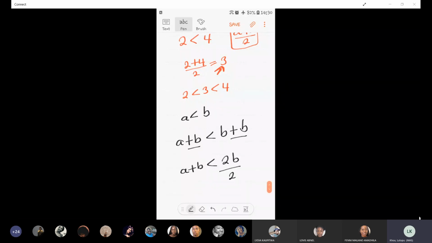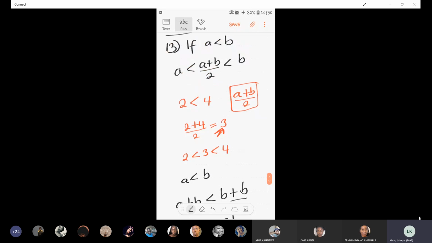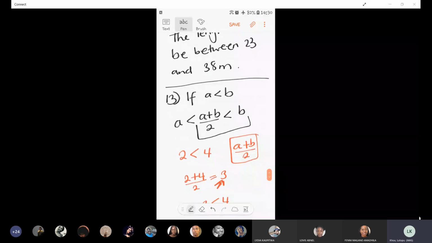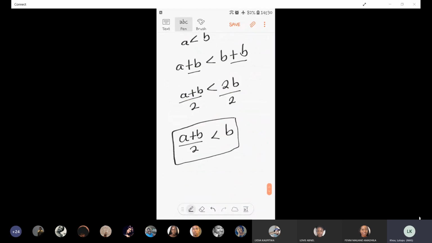What I have left is A plus B over 2 is less than B. So you'll notice this is the first half of the inequality that I'm trying to establish. So I have shown that B is greater than A plus B divided by 2.